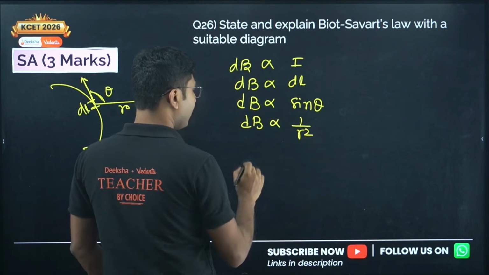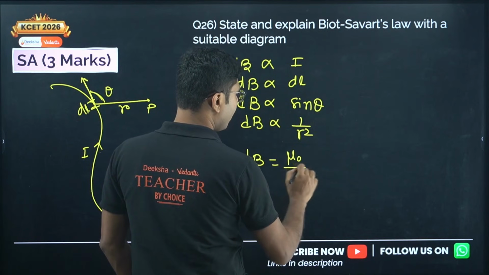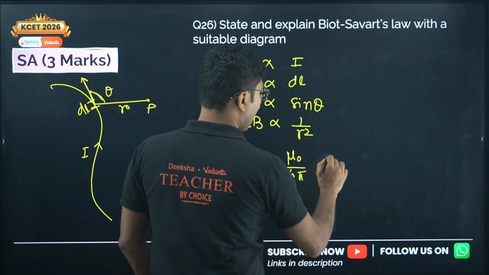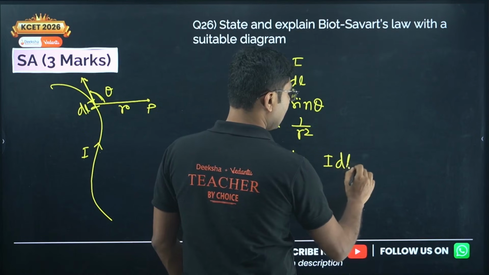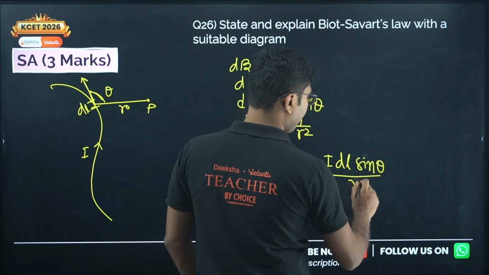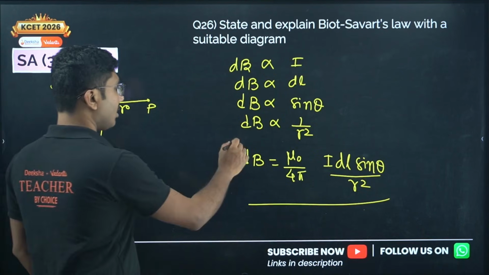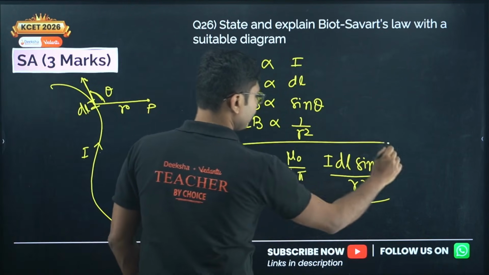Combining everything, we can write dB equals mu naught by 4 pi, I dl sine theta upon r square. This is the formula for Biot-Savart's law.